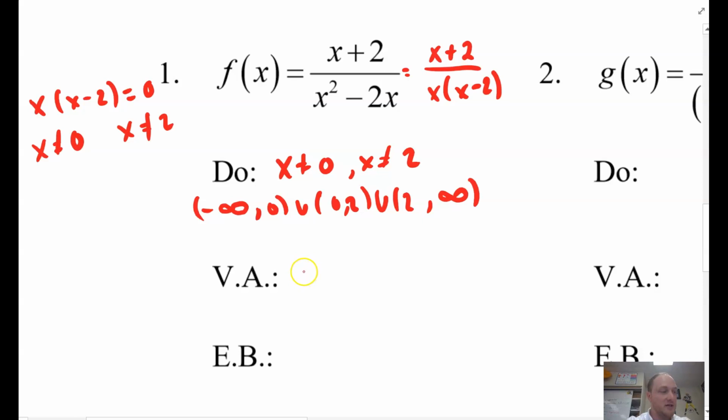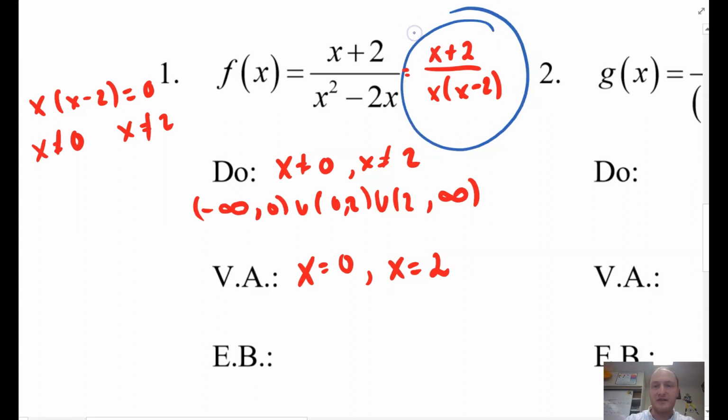We get x equals 0, that's one asymptote, and x equals 2, this is another asymptote. Now, I know these are asymptotes because I didn't reduce. If I could have reduced any of these factors, then that would be a hole. But due to these discontinuities here, those are pure asymptotes.